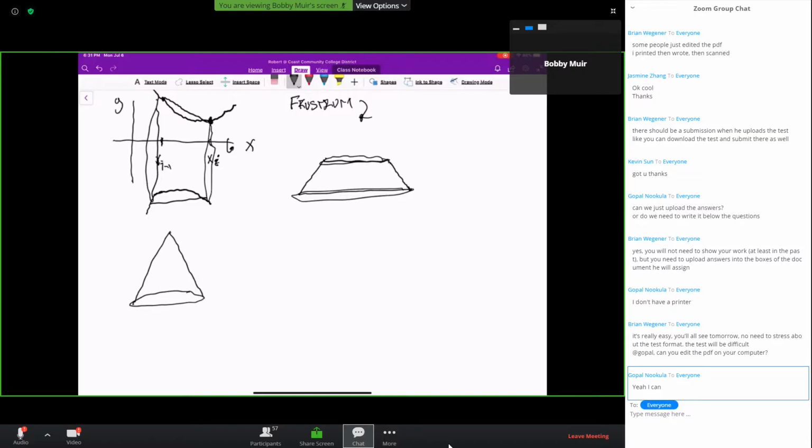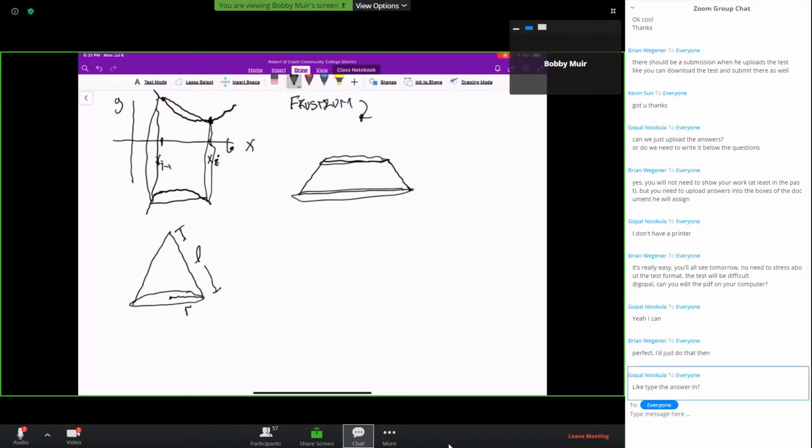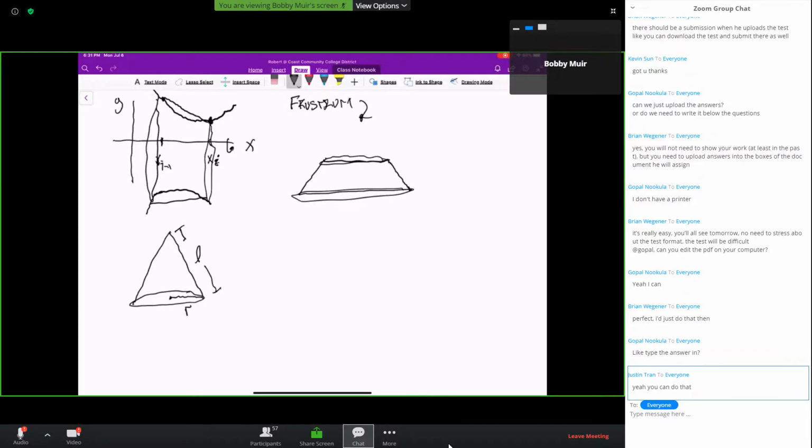All right. If we call the base radius r, and this length from here to here we'll call L, these are the parameters that we have: the slant height and the radius.